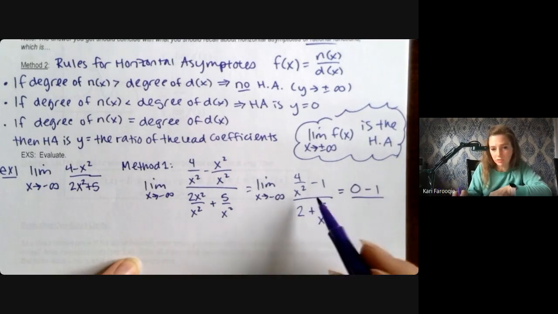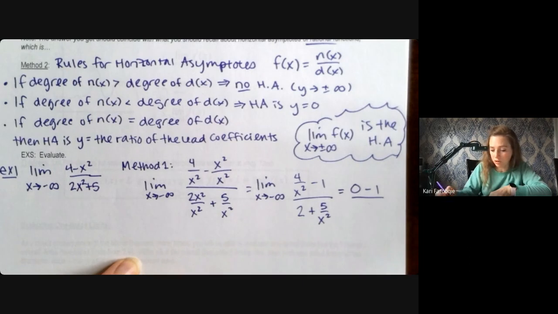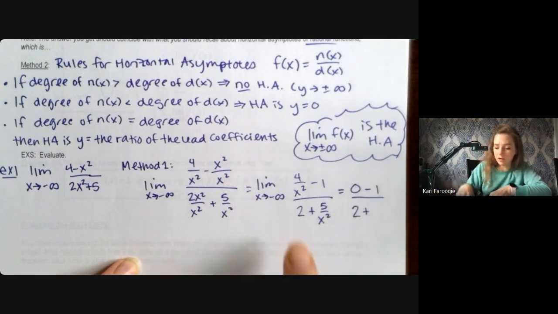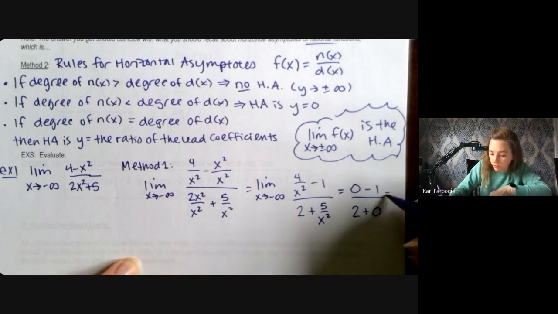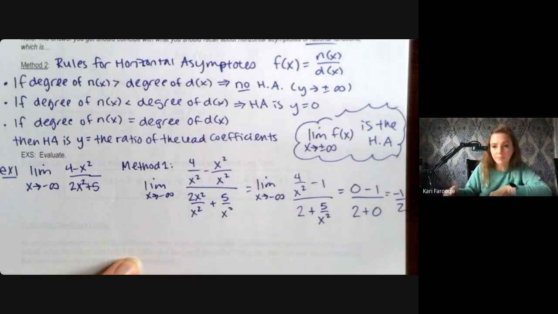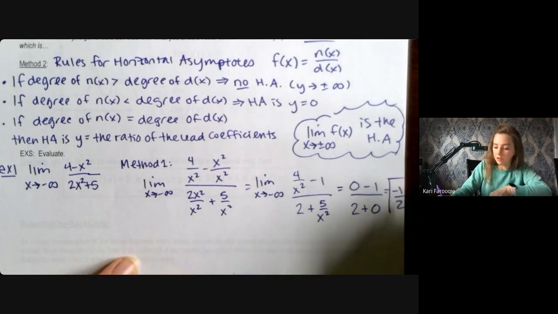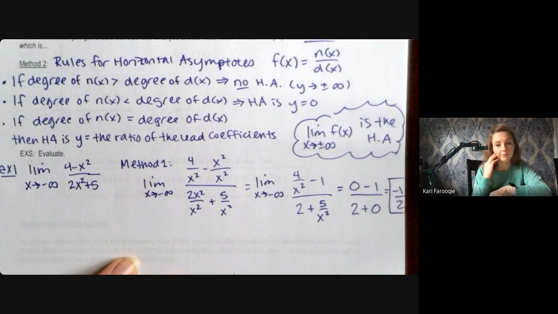If we think about this using direct substitution, we'll have 2 plus, and if we send this one off to negative infinity, that quotient will go to 0. So we end up getting a value for the limit of negative 1/2. So that's method 1. Now I will show you method 2.